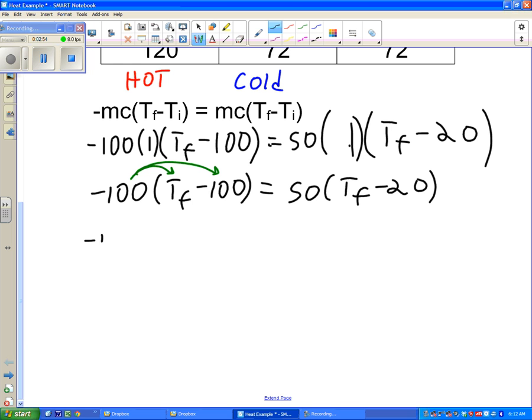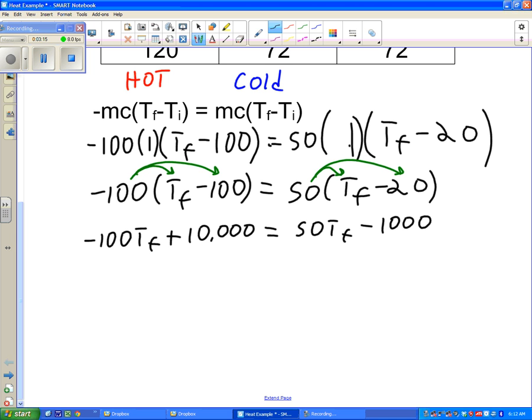And so I get negative 100 TF plus, because it's negative times a negative, 10,000 equals, and I'm going to do the same thing on this side. I'm going to distribute this 50 to both. So I have 50 TF minus 1,000. So now I need to combine like terms.